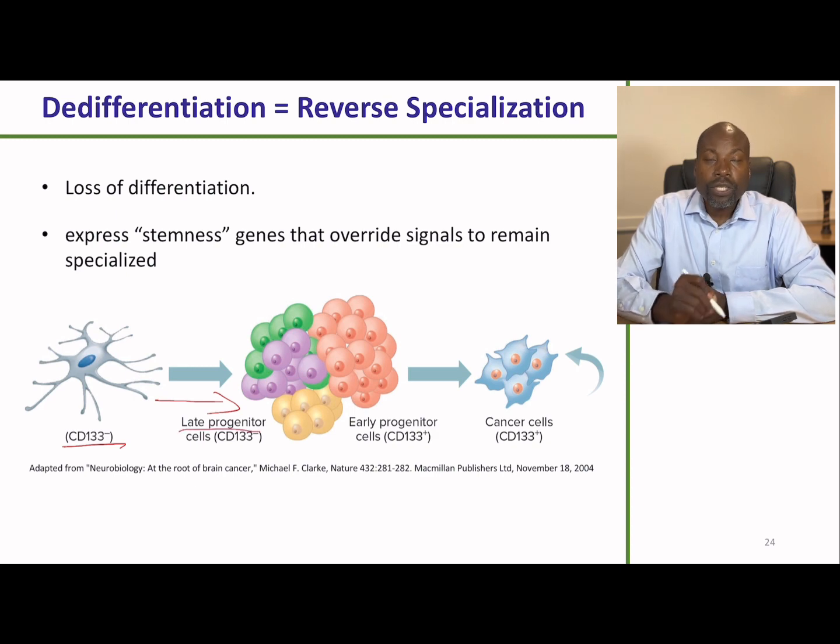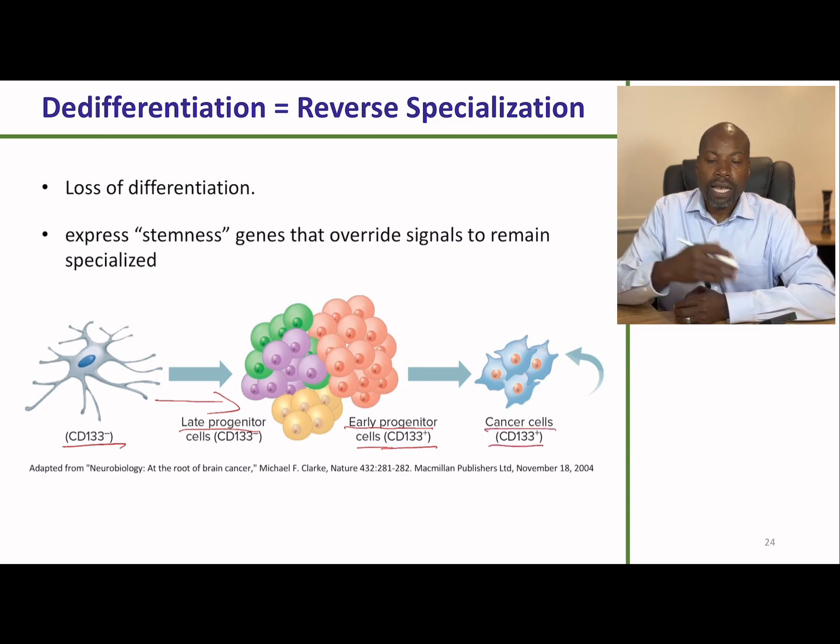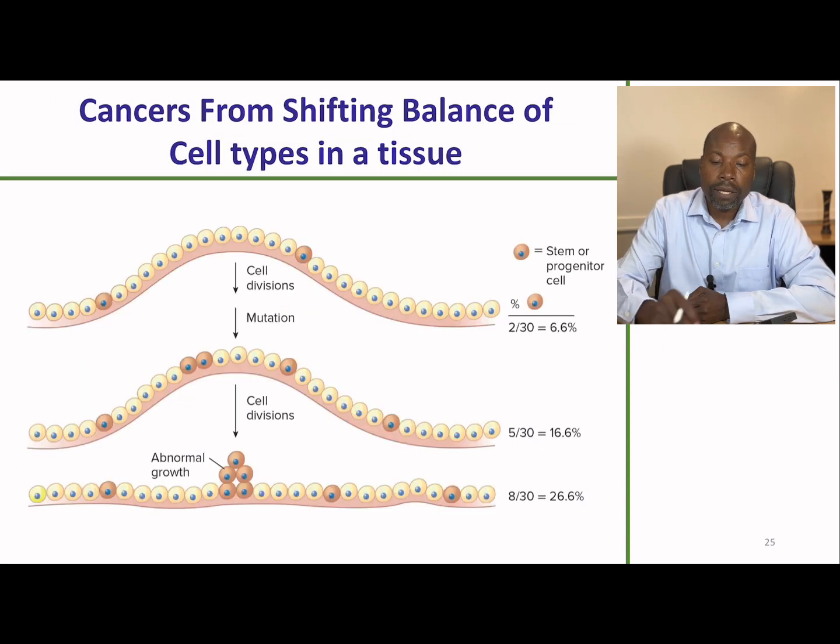So they're going to turn into late progenitor cell and gain back the function of CD133. When they gain back the function of CD133, they turn into early progenitor cell and eventually to cancer cell and undergo uncontrolled cell division that way.